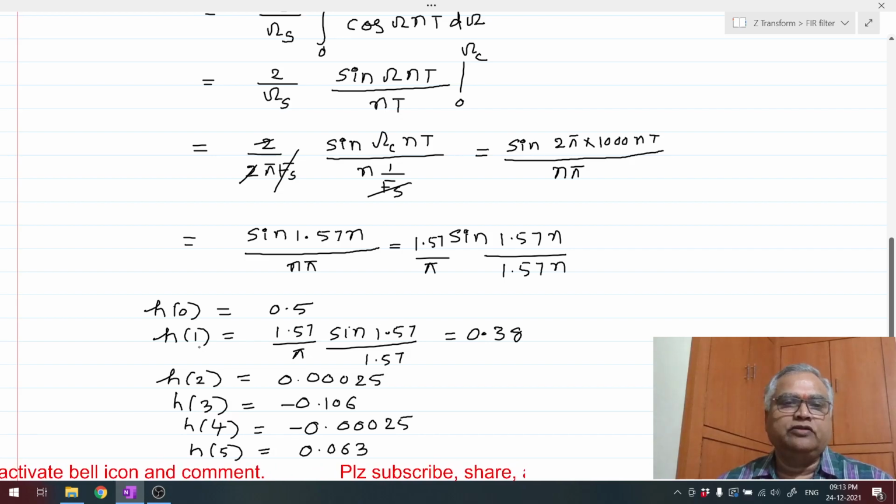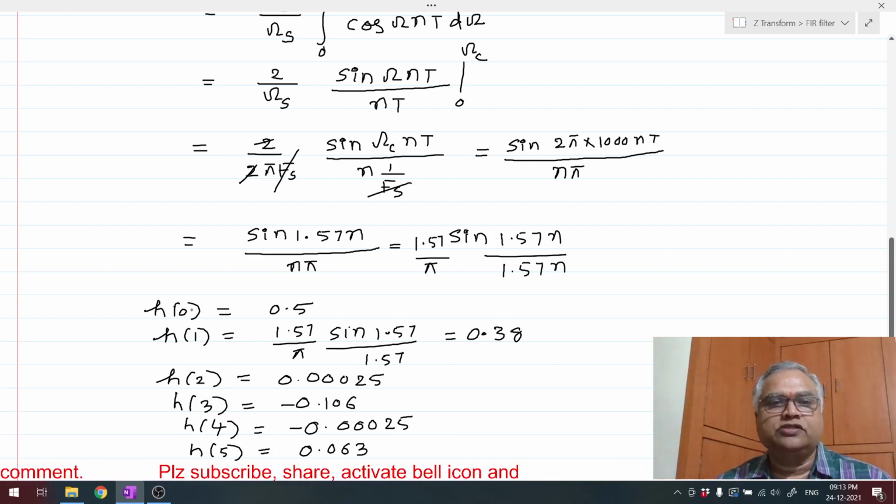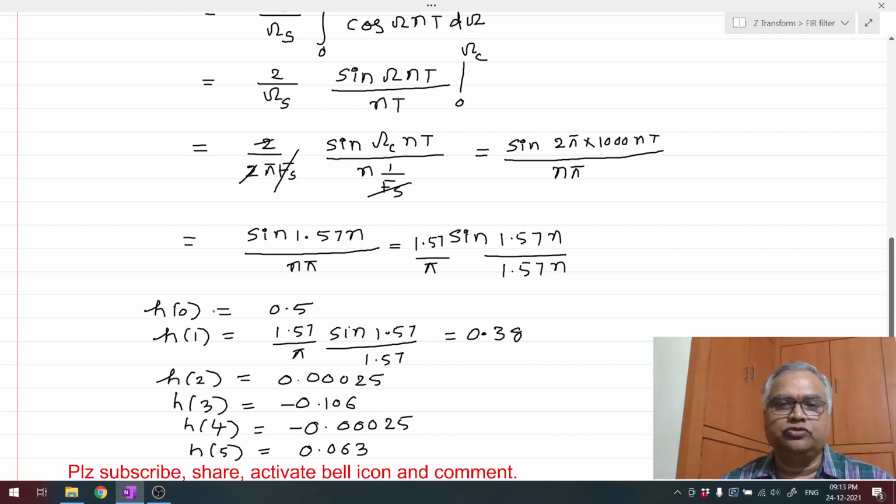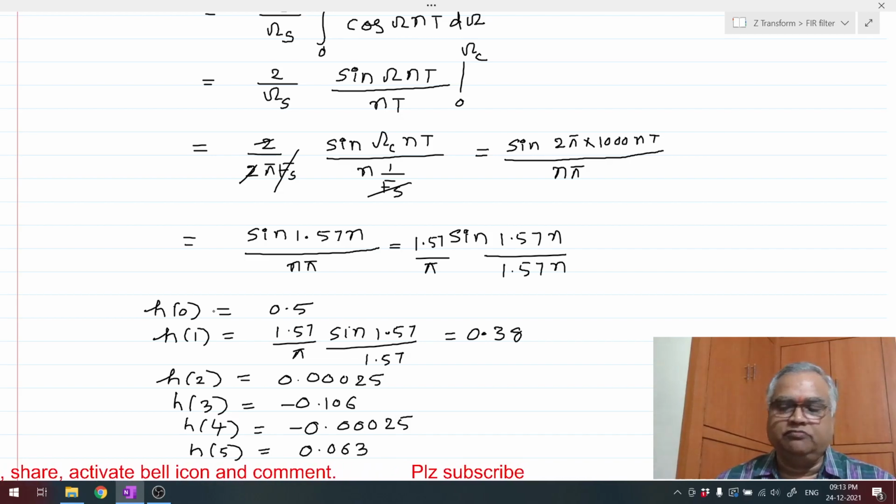Out of 11, right side 5, left side 5, that is 10, center 0, total 11. So like that, these 11 values we get.